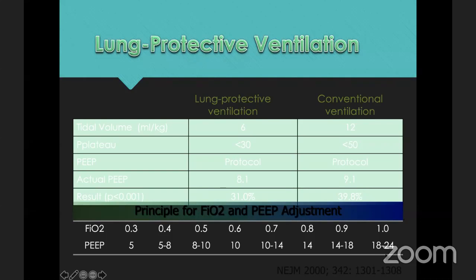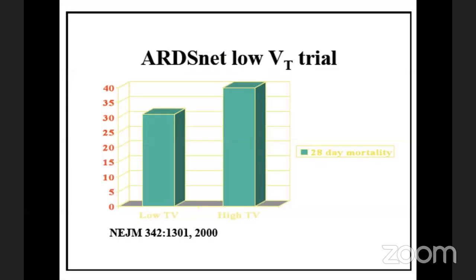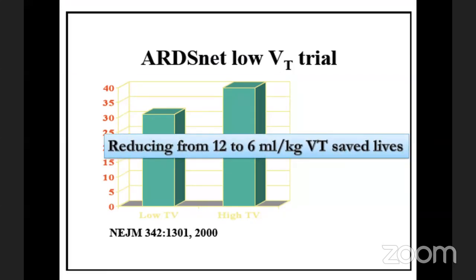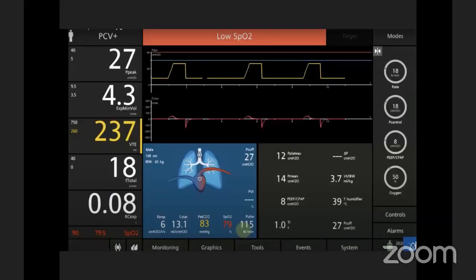This is the protocol, available with the RT, the respiratory therapists. They calculate and follow this protocol. In the ARDSNet low tidal volume trial, they found the 28-day mortality was less. So please keep the tidal volume 6 ml per kg or below to get a better outcome.